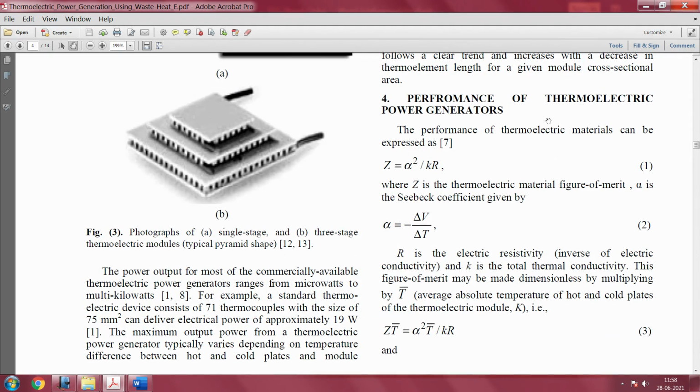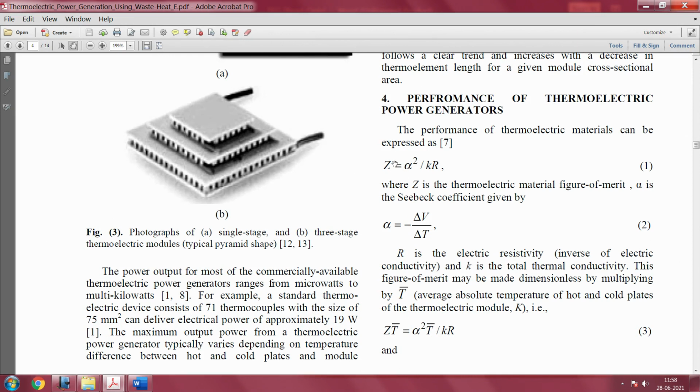Now the performance of this thermoelectric material which is in between the two top and bottom surfaces can be given by this expression, Z is alpha squared by KR. Very quickly this Z is replaced with ZT dash. You can think of multiplying this left and right hand side by T dash, which is nothing but the average absolute temperature of hot and cold plates of the thermoelectric module.